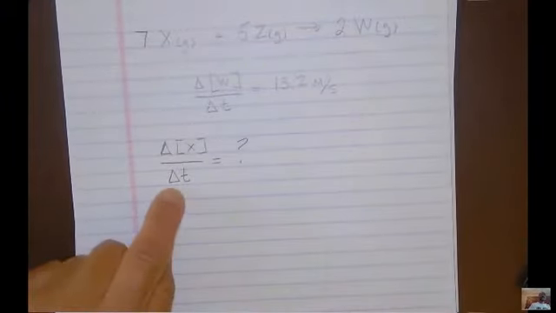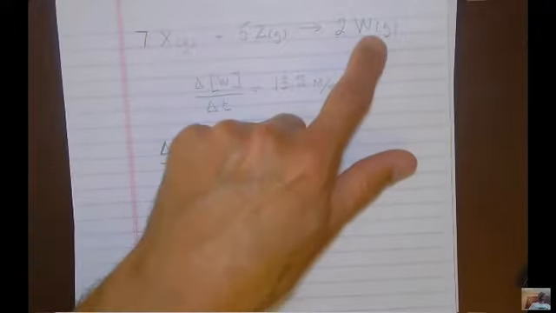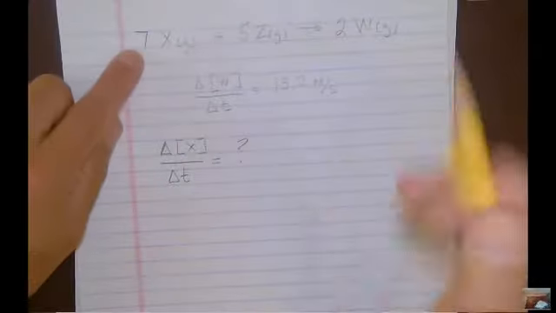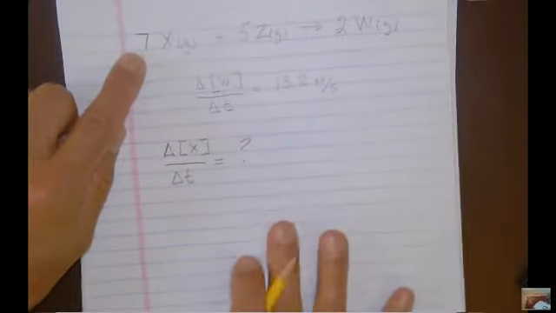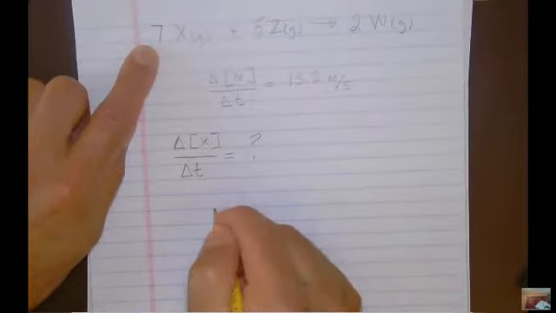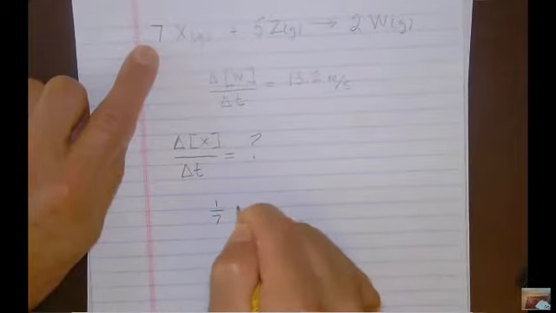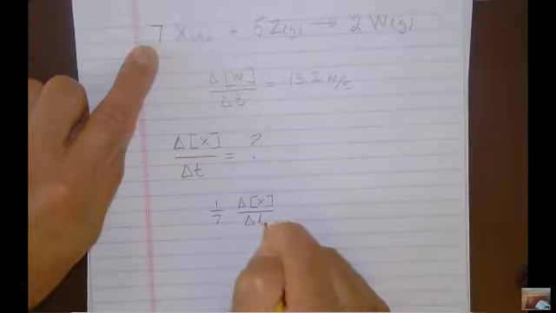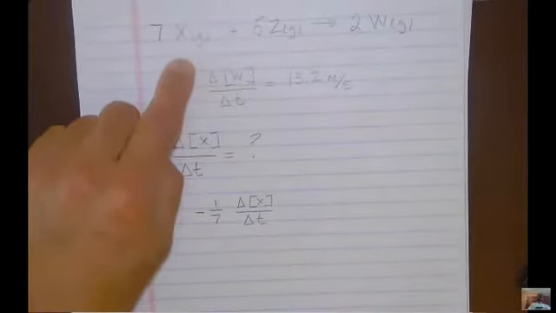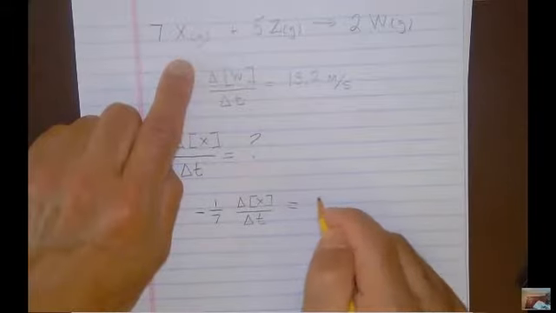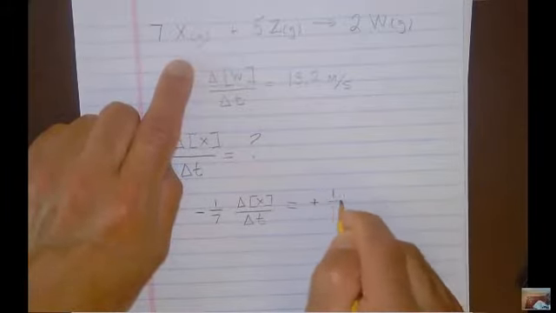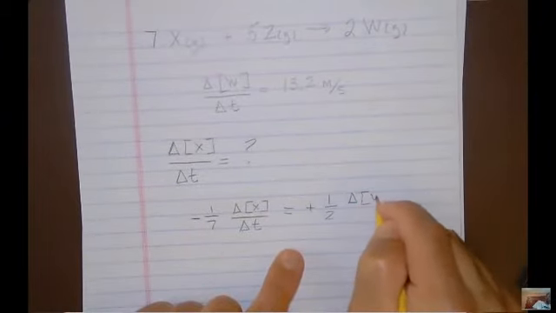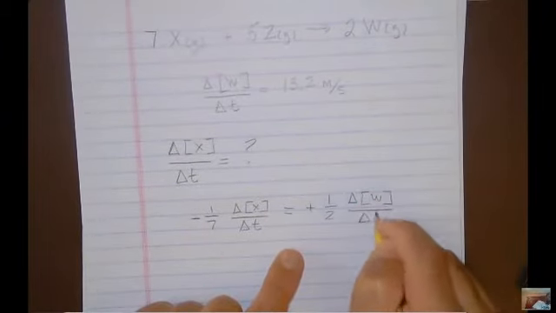Okay, if I want to find this out, what do I do with the 2 and the 7? One's going to be positive, one's going to be negative. Okay, so first thing I do is I just write out my equation, right? What did we just learn? Well, we just learned that 1/7 times the change in concentration of X with time, with a negative sign in front of it because it's a reactant, is equal to positive 1/2, because of that 2, times the change in the W concentration with time.